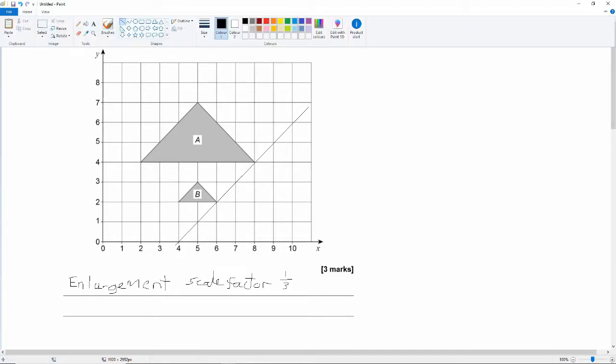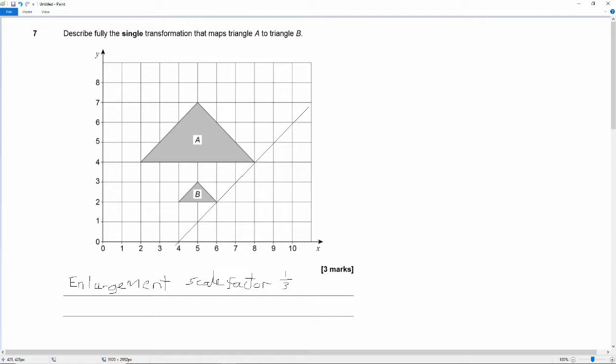And then if we draw, oh no, I've already got my line. So from here through this one. And we already know now where they cross, so there's no need to extend the other line. And just to be sure, we can join this vertex to this vertex. And you can see the centre of the enlargement is at 5, 1.